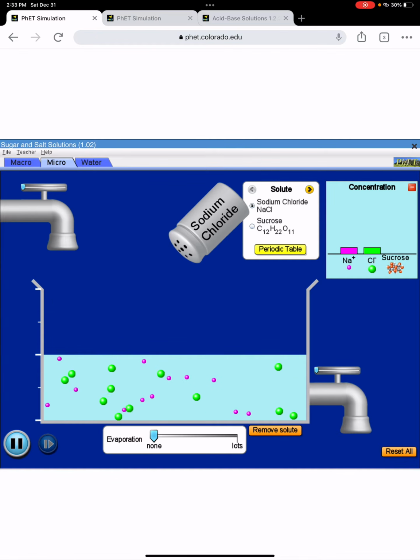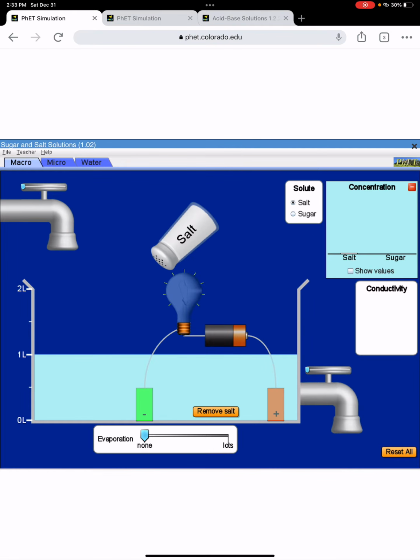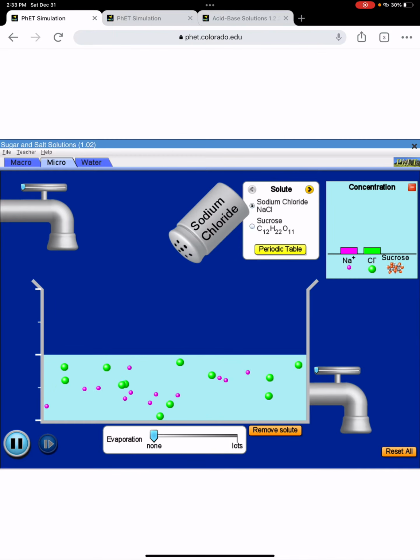You've also seen that when you put salt in and you hook up a battery system, you're going to have a good flow because it completes the circuit. You've got the positive and negative ions in the water. So the thing that soluble salts can do, and I don't have an exact simulation that does this perfectly, but I'm going to be explaining it in a future video where you can see the reaction.